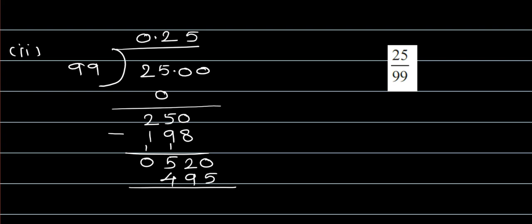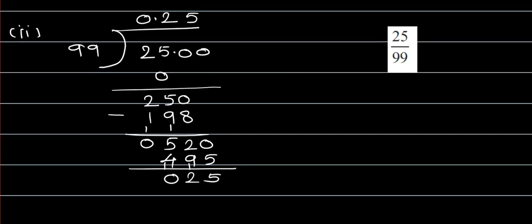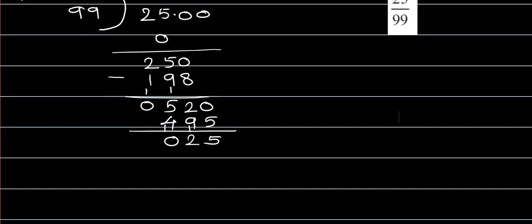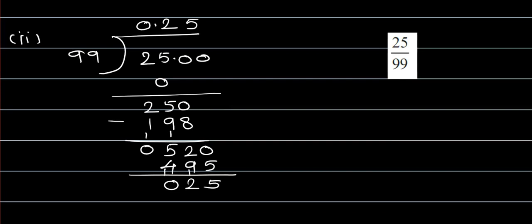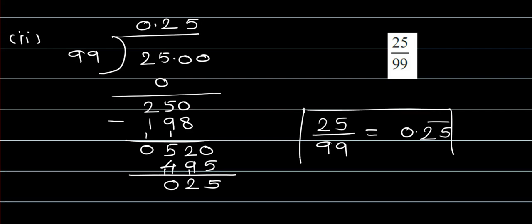Therefore, the subtraction gives 5, and the pattern repeats. Therefore 25 upon 99 is equal to 0.25 recurring. It is recurring.